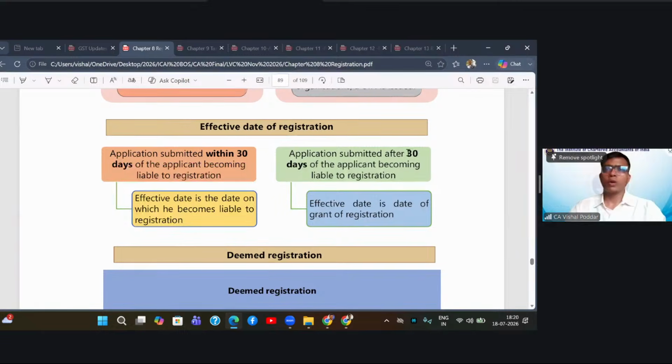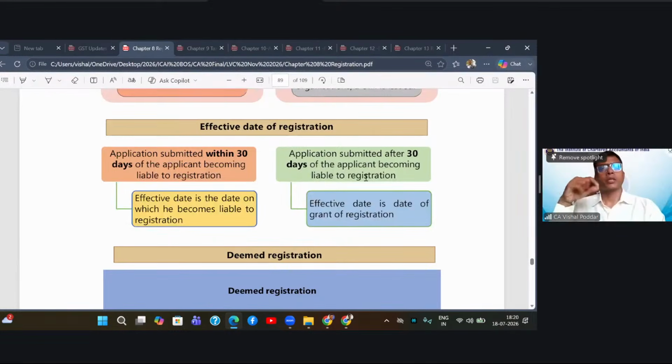However, if you are late, that is you have made application after 30 days of the date of you becoming liable. So again, you are liable today on 18th of July, but you delayed and you made application on 20th of August, which is 30 days later from today.